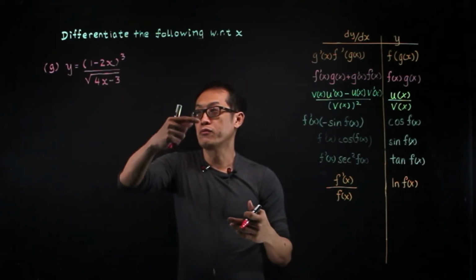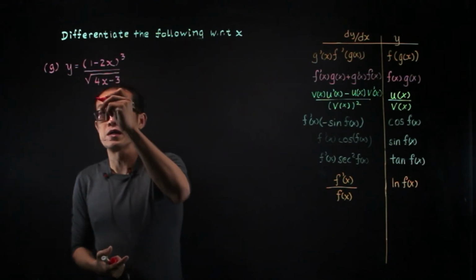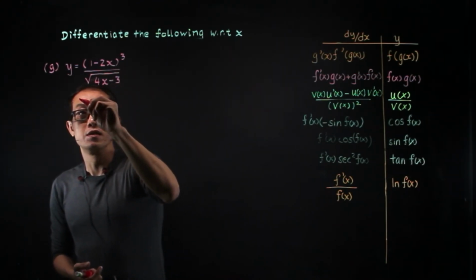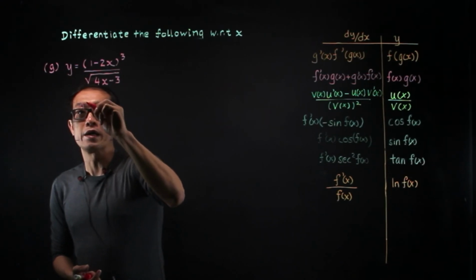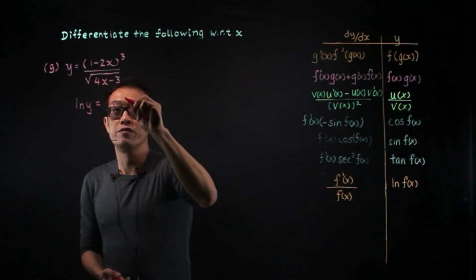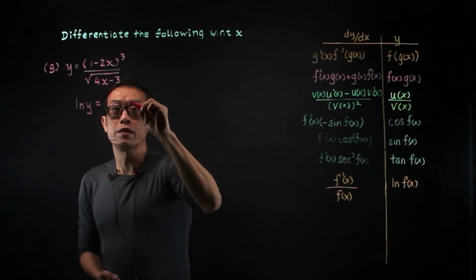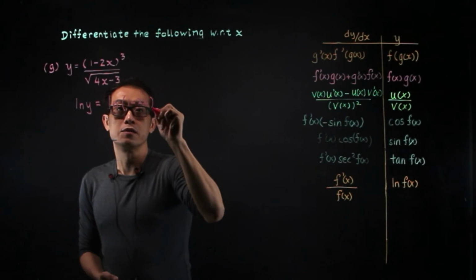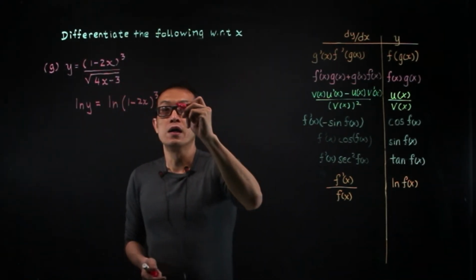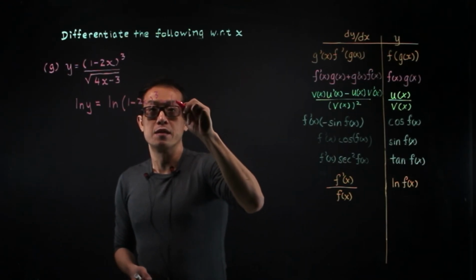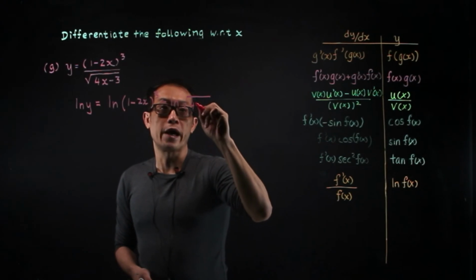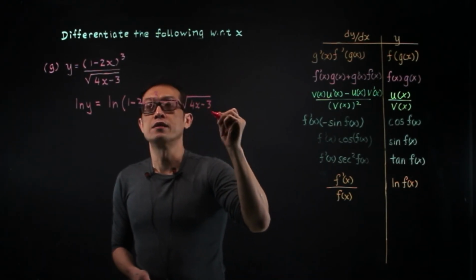So perhaps we can just take log of both sides. We do a ln. So if y is equal to this, then ln y will be equal to ln of (1 minus 2x) cubed. Now I ln this whole thing because it's a division, so it's minus ln of square root of 4x minus 3.